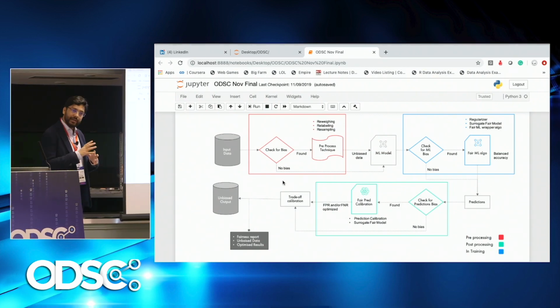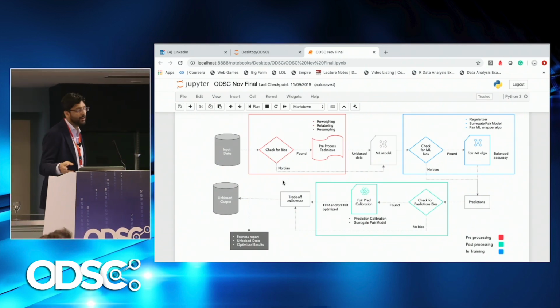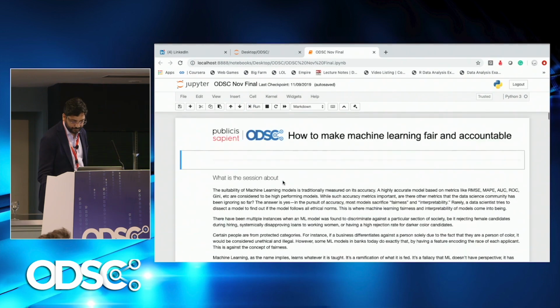If I find it, then I'll use some kind of optimization or calibration algorithm to remove bias, or else I'll use the data as is for my output. It does not mean that you have to use only one of these steps. There can be multiple combinations. You may have to use the red box or green box, or the blue box and green box, or all three boxes in the same sequence. It depends upon how biased your data is.